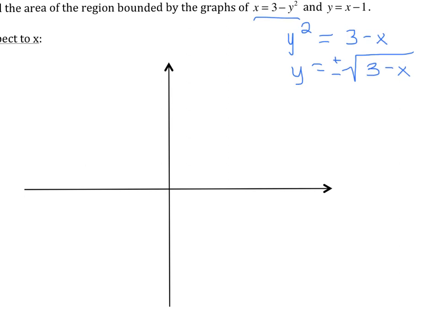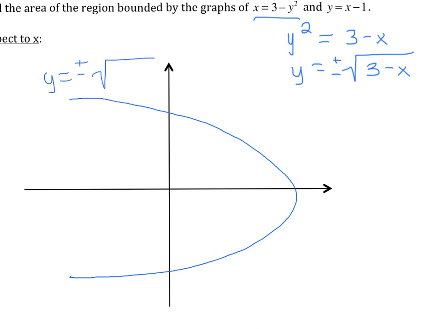And so really what that figure is going to be is both the positive and negative halves of the square root function. Because of the negative x, it's going to be reflected, and we're going to be left with a curve that looks sort of like this. That is going to be y equals plus or minus root 3 minus x.